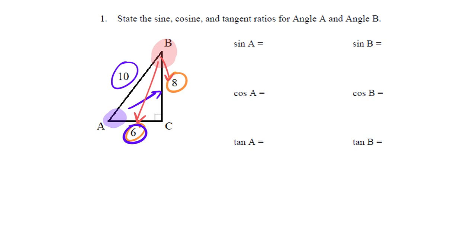So opposite and adjacent will change depending on the angle. So it's important for us to always be very, very conscious of what perspective we are looking from. It's always angle out.